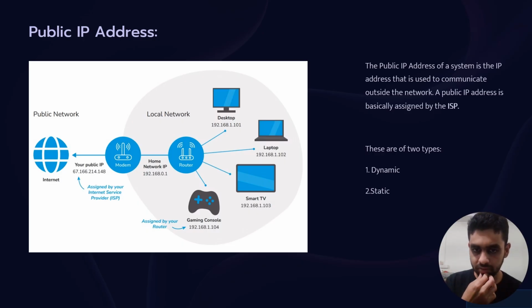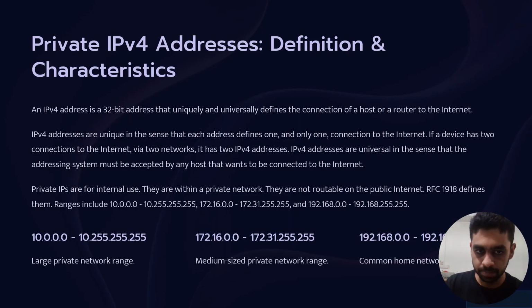Public IP addresses are of two types, as I've mentioned in this slide: dynamic and static. Both are assigned by the internet service provider. Dynamic is the one that changes occasionally. If any kind of network issue arises, they reassign according to a certain timeline. A static IP address is a fixed one that does not change with a time interval or any such situation.